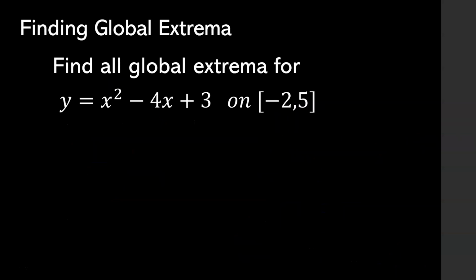Okay, here we go. Even better. Now this is going to be possible. X squared minus 4x plus 3 is a polynomial, and all polynomials are continuous. So we're given y equals x squared minus 4x plus 3 is continuous on the closed interval -2 to 5.